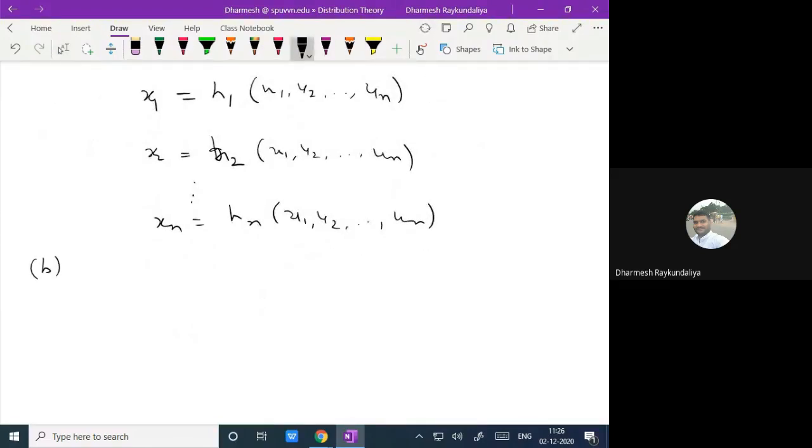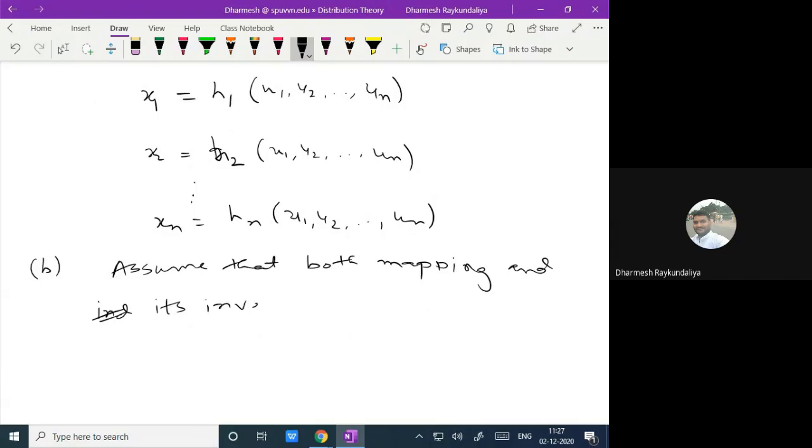So suppose you have a one-to-one mapping and g1, g2, gn are invertible. Assume that both the mapping and its inverse are continuous.